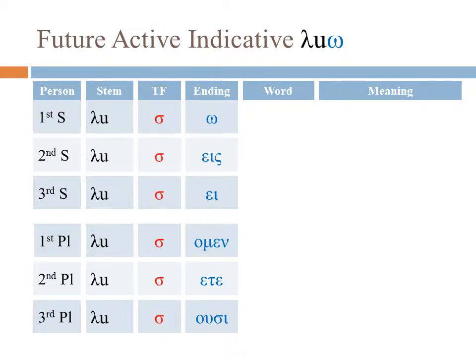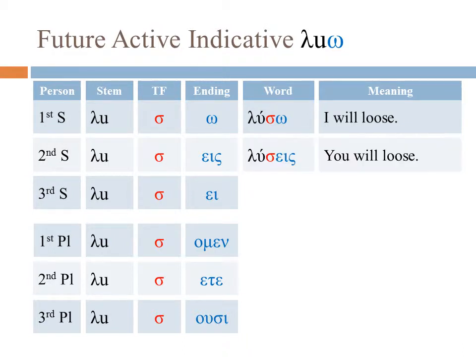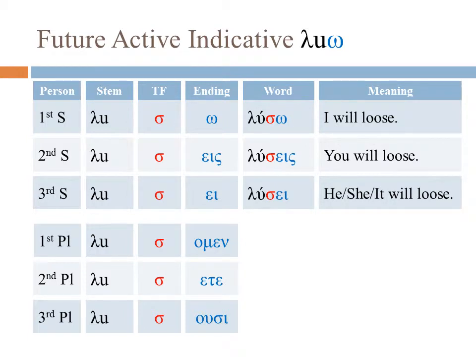So the word is going to be luso, I will loose. Second person will be luseis, you will loose. Third person will be lusei, he, she, it will loose. And in the plural, lusomen, we will loose.